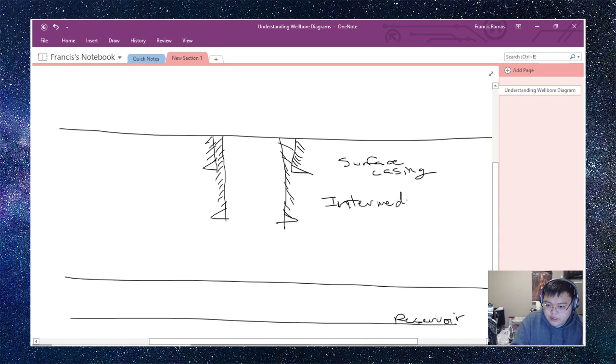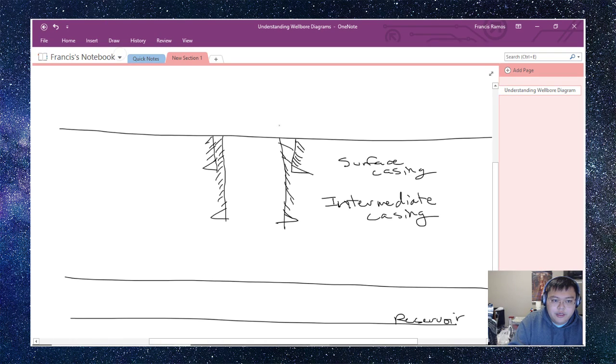Intermediate casing is casing that's sort of in between the surface and the production casing, which we'll get to in about a minute. But this is really meant for deeper formations, for an area that requires more than just the production casing.